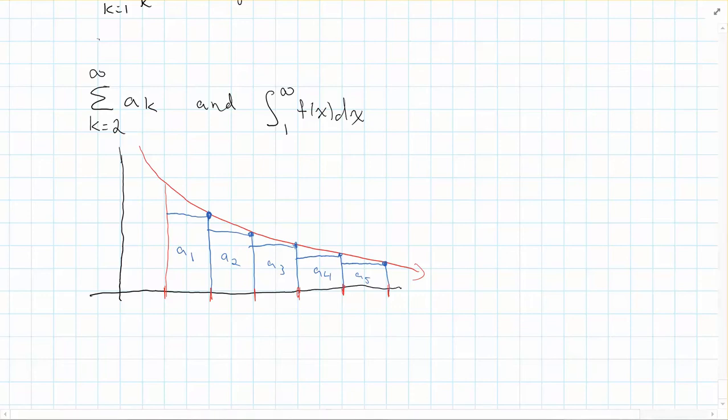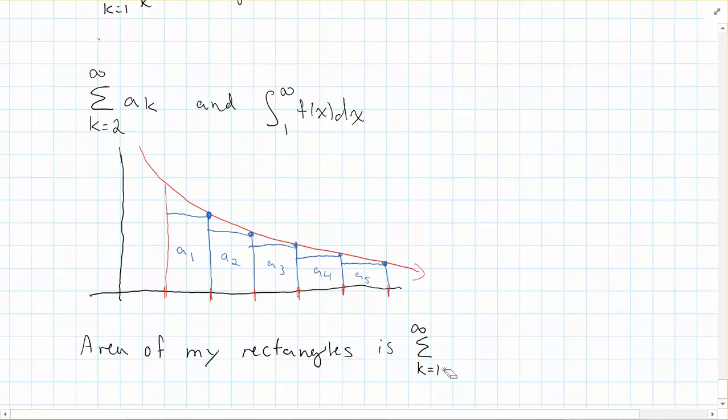In other words, the area of my rectangles is the sum, not from 1, it starts at 2 because we're doing right endpoints, starts at 2 and goes off to infinity of a sub k.